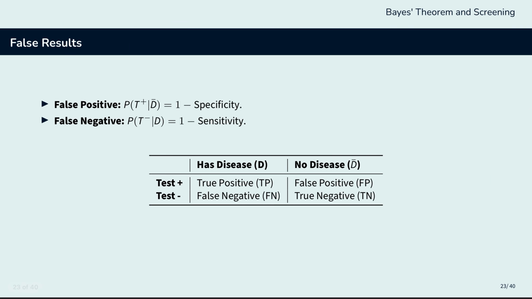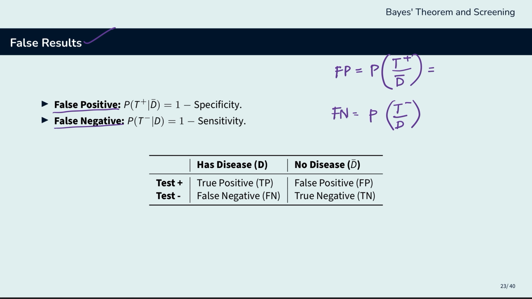So what are the two false results that you end up getting in any test? One is the false positive, the other is the false negative. A false positive is the probability of the test being positive when the disease is absent, and a false negative refers to the probability of the test coming out negative when the disease is present.